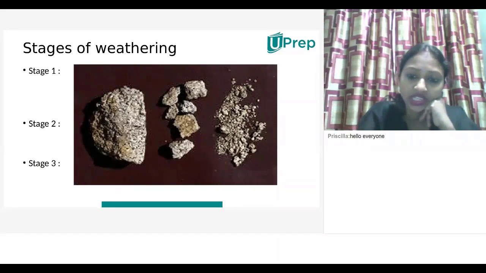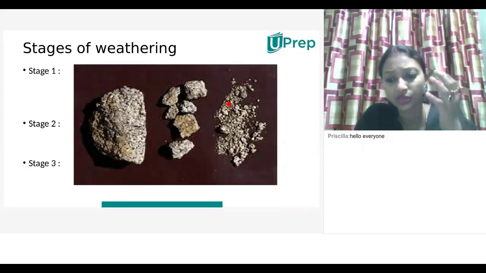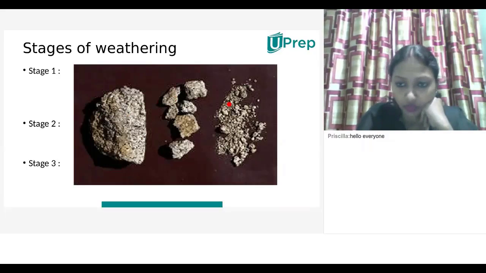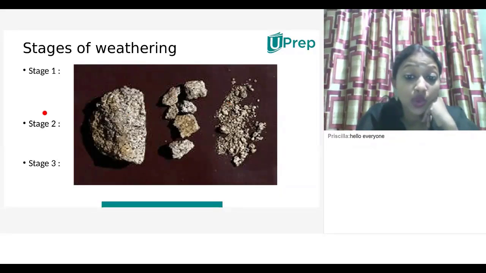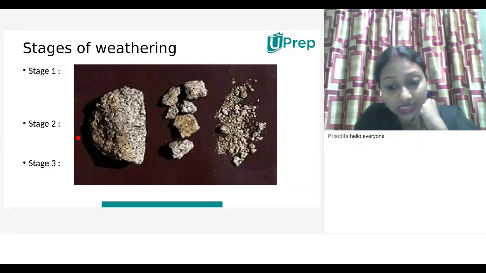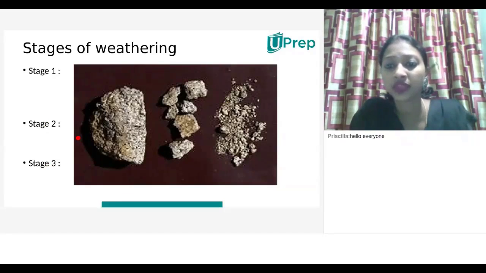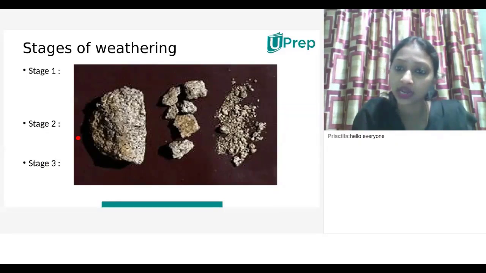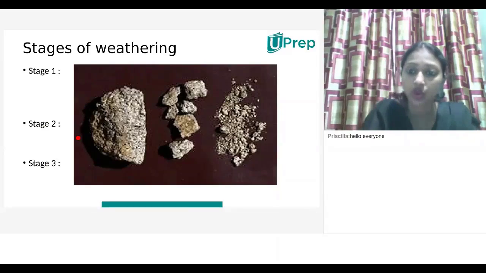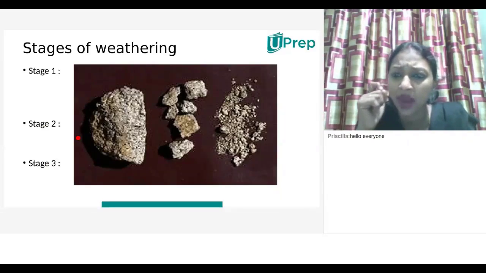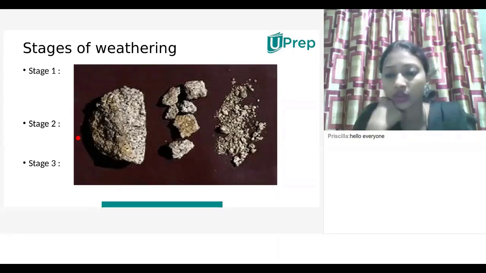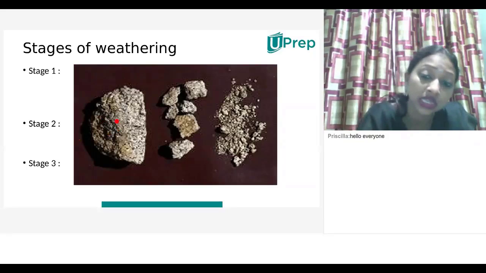So there are different stages of weathering. Stage 1 is when the big rock is converted into simpler forms of rock. From stage 1 to stage 2, and stage 2 to stage 3, it takes millions of years, many ages, to convert into different stages of rocks, and finally we get the fine particles of soil formed from the parent rock.